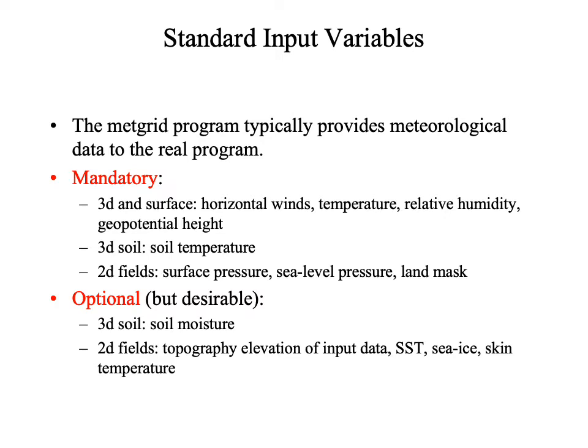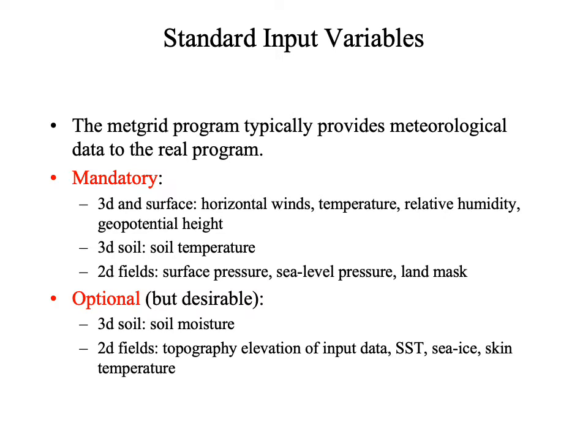Most users do not have to worry about the specifics of the vertical coordinate of the input data that's being provided by WPS, nor do they have to worry about the specific fields that are being provided from WPS. There are a number of known data sources that the ungrib program has vtables to interpret.